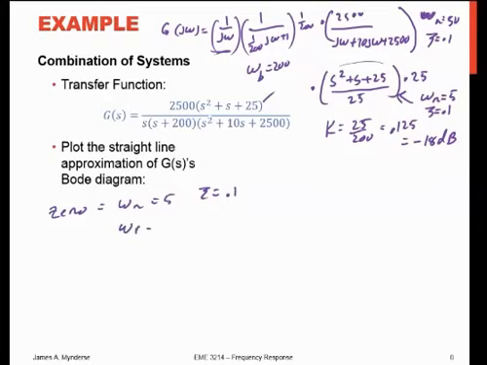I have omega r equal to 4.95 from using the equation from the previous one, which is omega n times the square root of 1 minus 2 zeta squared. And my magnitude there, because my damping is 0.1, it's the same. That magnitude, the peak, is equal to 14 decibels.